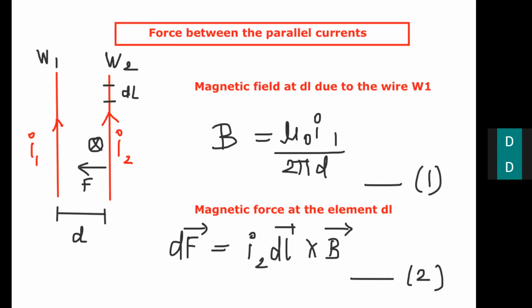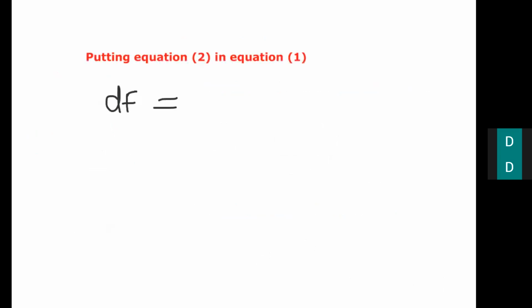Here it is going to be 90, as the magnetic field is going into the plane of the paper. So sine 90 makes it just I2 dl B. What is B here?